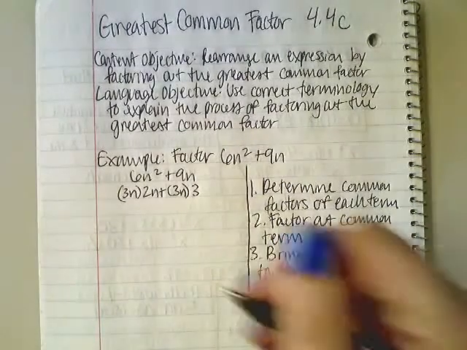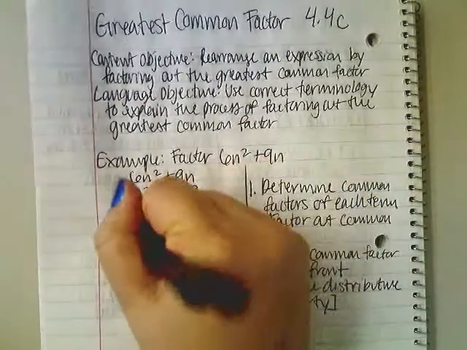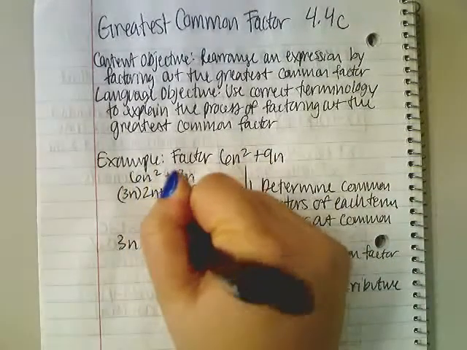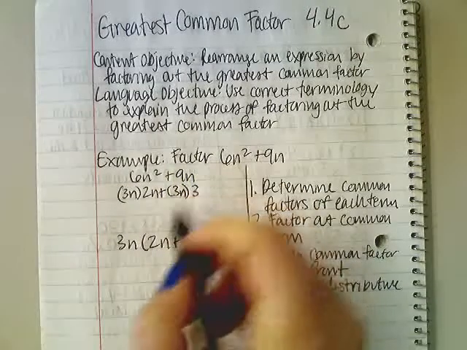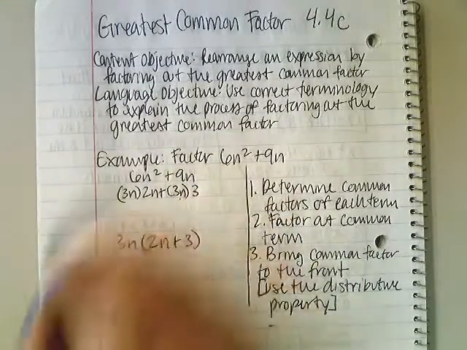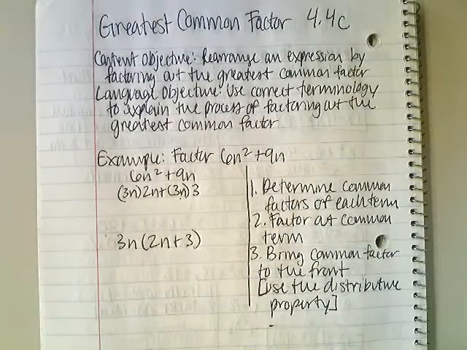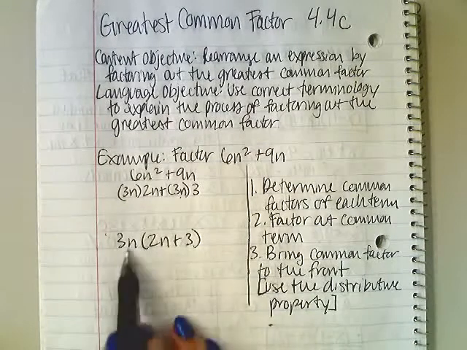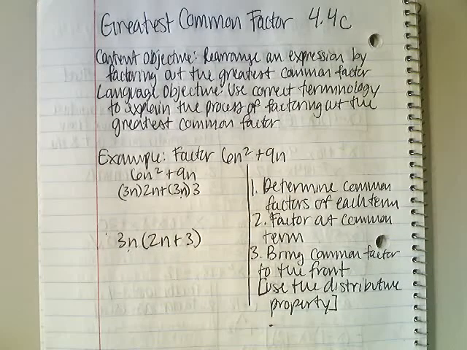So when I do that, I end up with 3n parentheses 2n plus 3. So when I brought that to the front, reverse distributed is how I often say it, though it is just using the distributive property. I'm left with 3n times parentheses 2n plus 3.